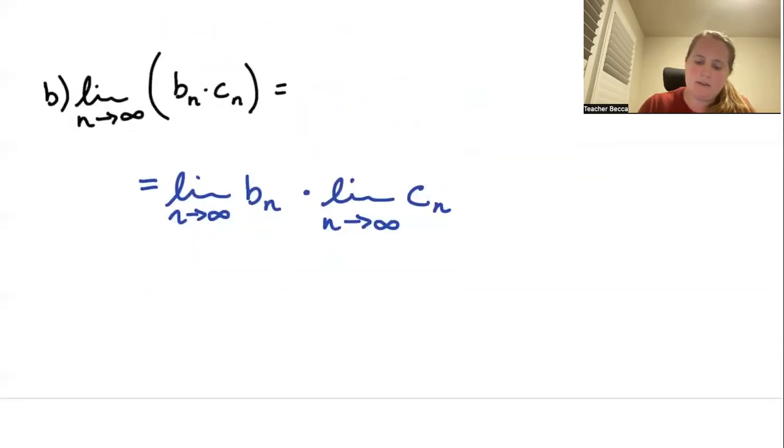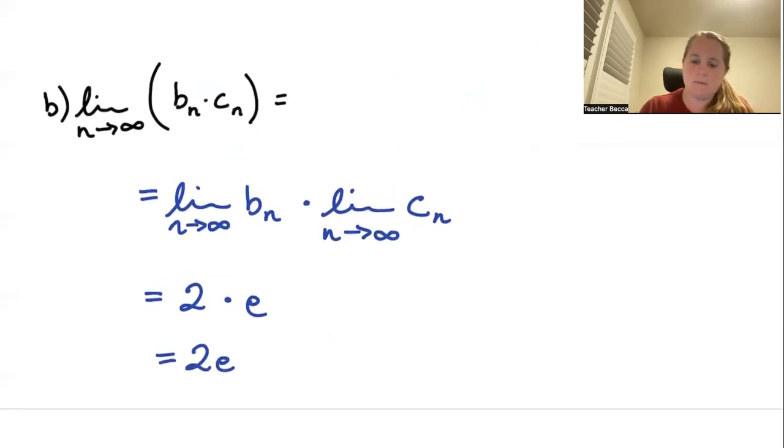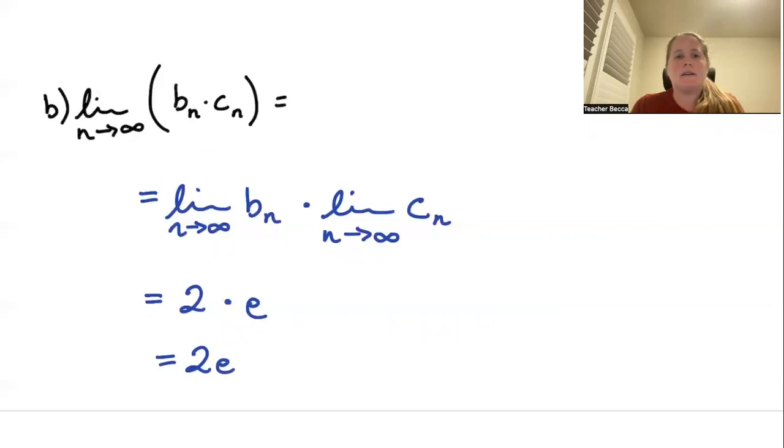So this is just 2 times e, or 2e. So again, this is how we can go about evaluating limits of slightly more complicated functions if we can split it into ones that are easier to evaluate.